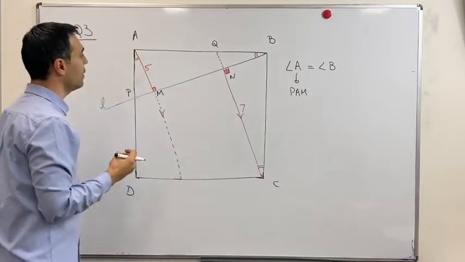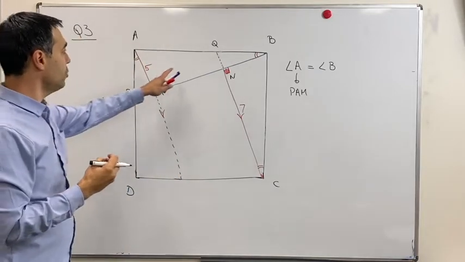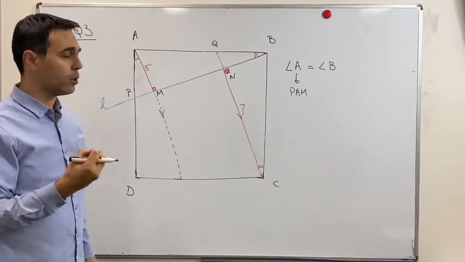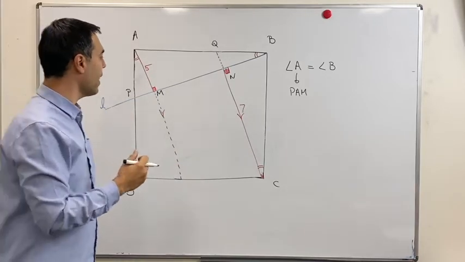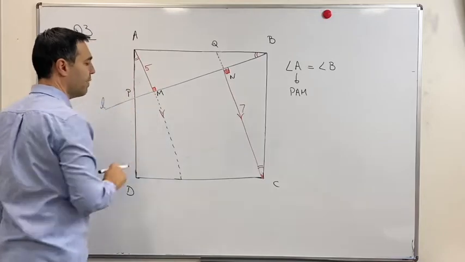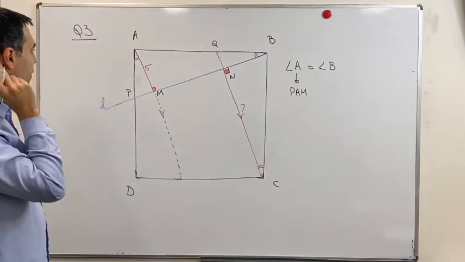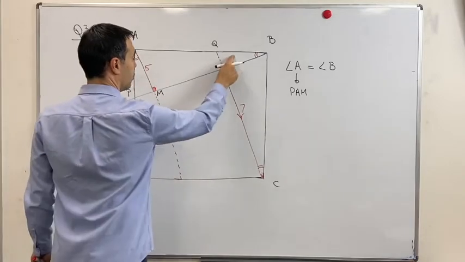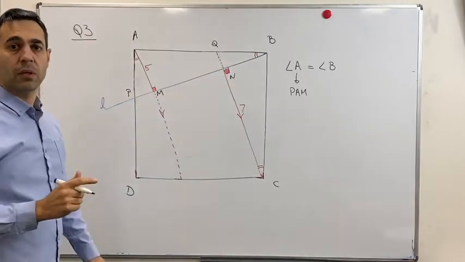So this basically shows that these two triangles are similar based on AAA. So this is one fact we know. Now let's see if we can somehow prove that this triangle and this triangle are congruent.